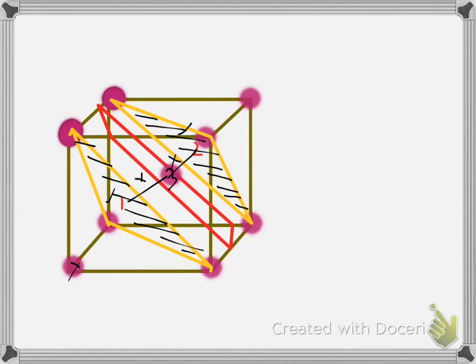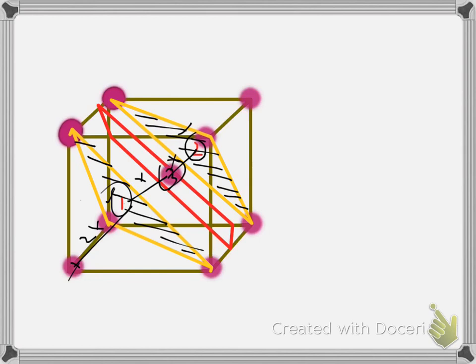They are at equal distance, and they are parallel also. But the distance from the first plane to the origin is not equal to x, it is 2x. So from the origin, at a distance of 2x we have plane 1, at a distance x we have 3, at a distance x we have 2. So the naming of this plane will be difficult because they are not equidistant.